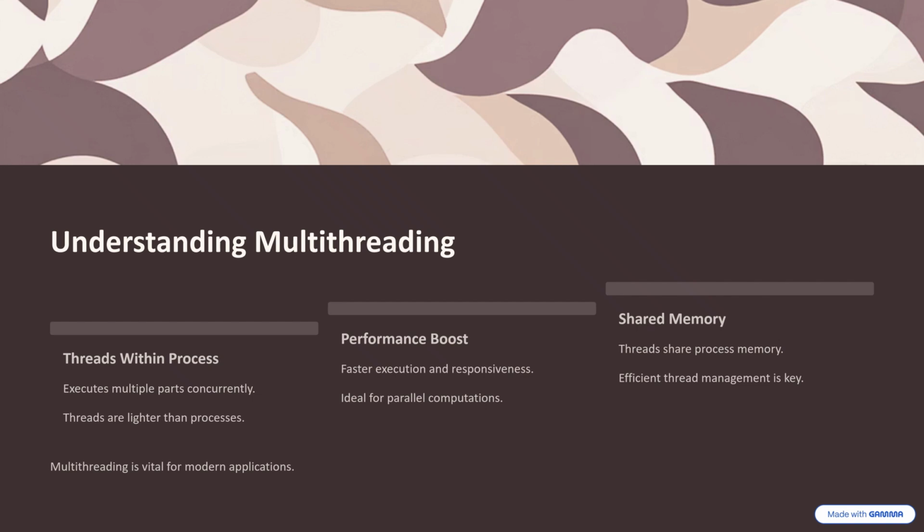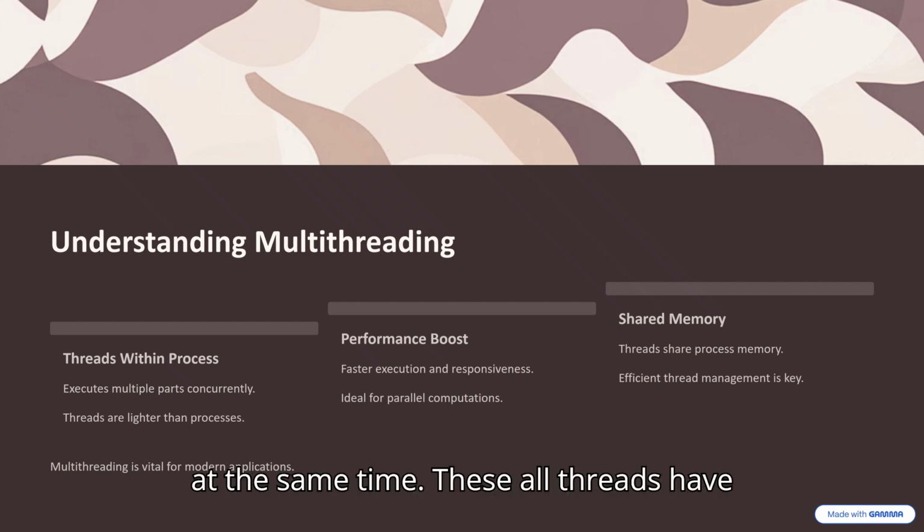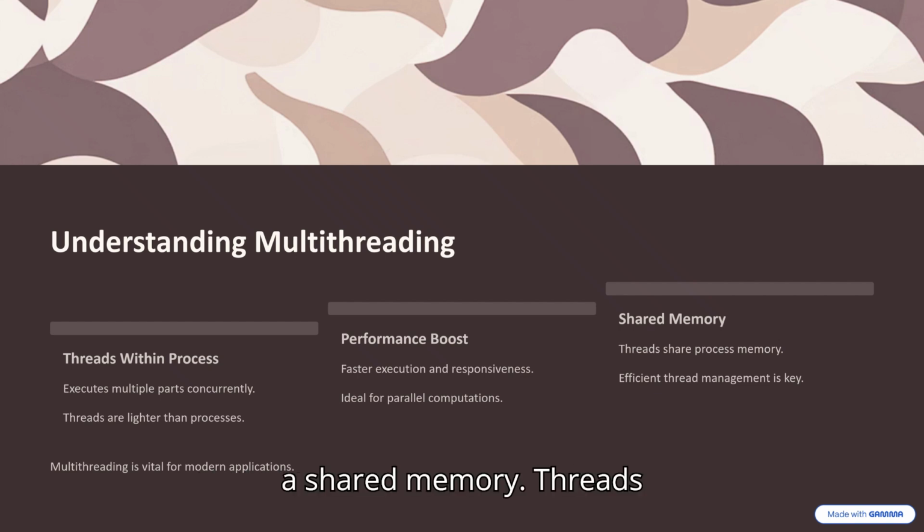For example, consider a video game where one thread handles user input, another handles graphics, and another handles physics. The player experiences smooth gameplay, all thanks to threads, as all the threads run at the same time. All these threads share memory.